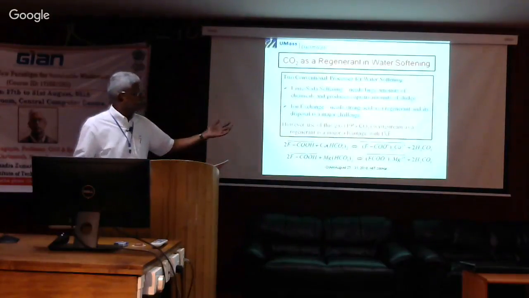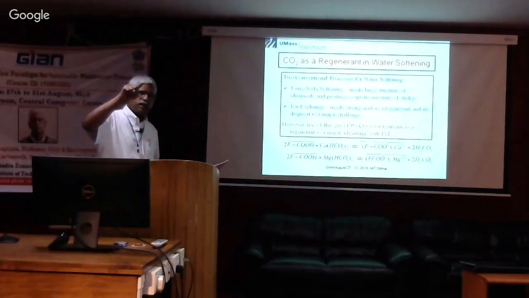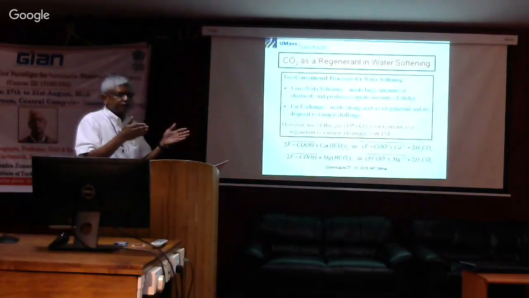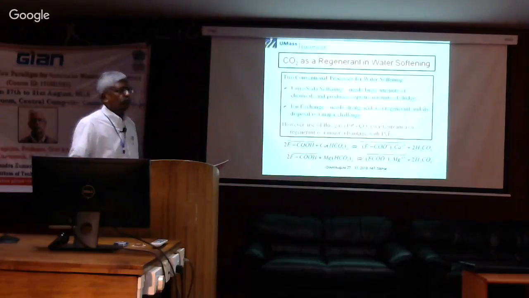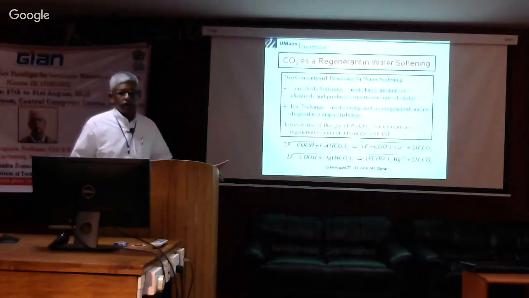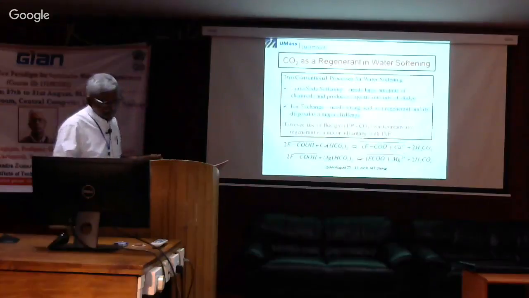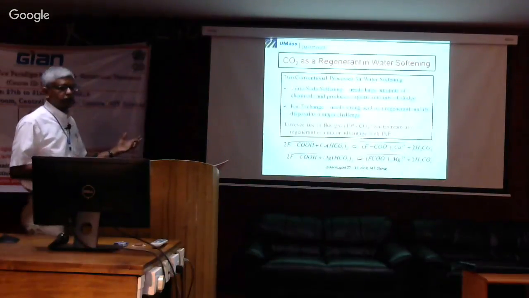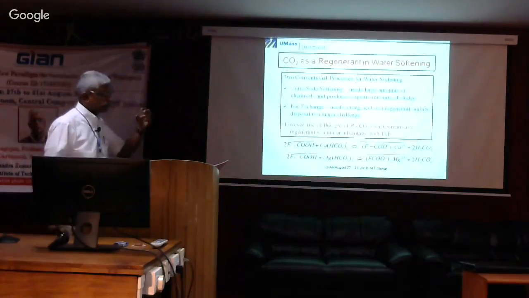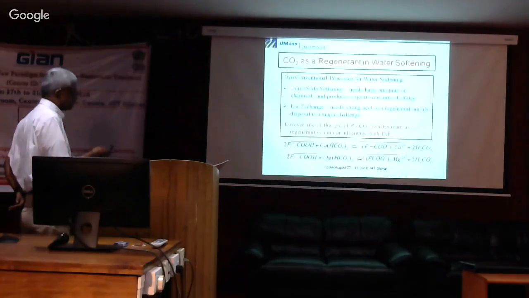In resin, as I was saying in the pre-break session, this counter ion has to travel this path and it has all this resistance before it can meet the exchanging counter ion and the exchange can take place. So the kinetics is such that you need a very strong regenerant. And in a fiber, because the sides are so much open, there is not much diffusional resistance. So the idea is very simple.